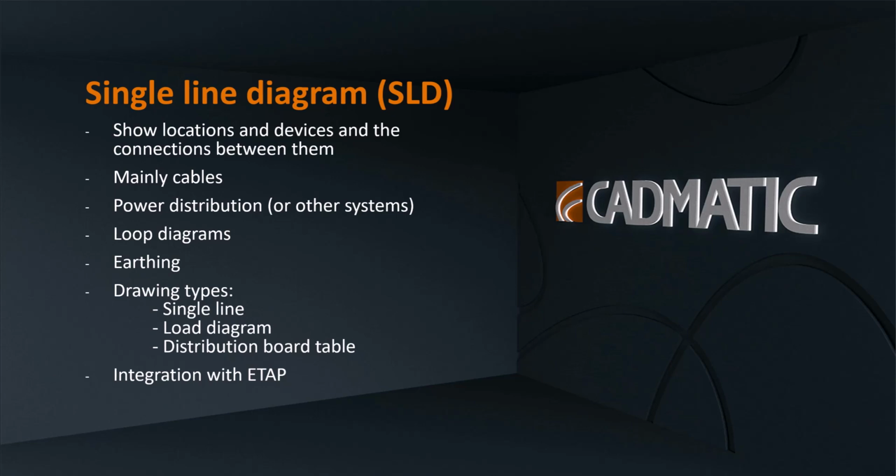So what you can do in CADMATIC Electrical, you can draw your own single line drawing, do all the connections, have the protection devices in the distribution board, cables, and maybe feeding the motor or anything. And then with the integration, you can actually export this whole single line design and take it to ETAP. And in ETAP, you can do all the definitions of the short circuit calculations, cable diameters, and so onward.